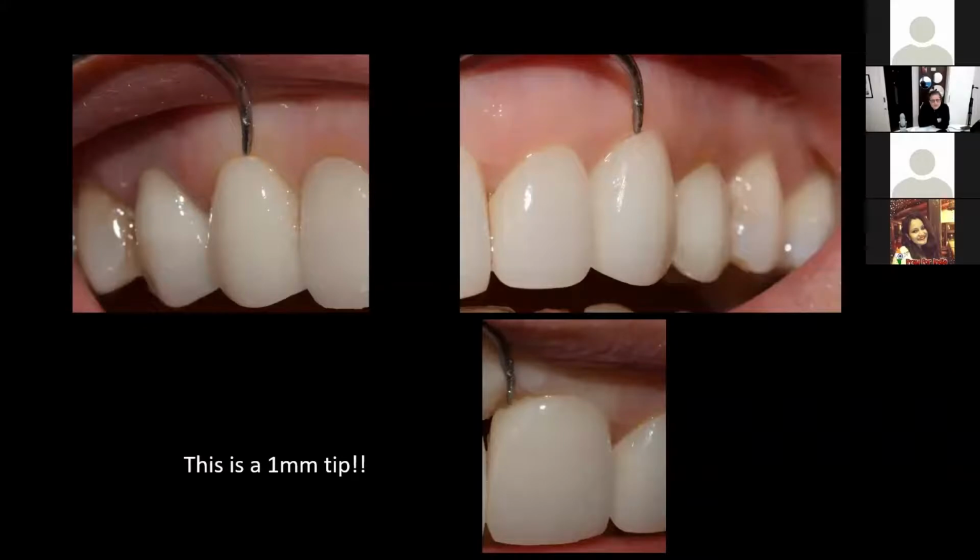What would be a common mistake during the seating procedure for this to occur? You'd have to bite down and it lift off. If it's biting down, it's not going to lift it that way. It's coming out buccally, right? So they pushed it at the incisal, but it's come out on the.